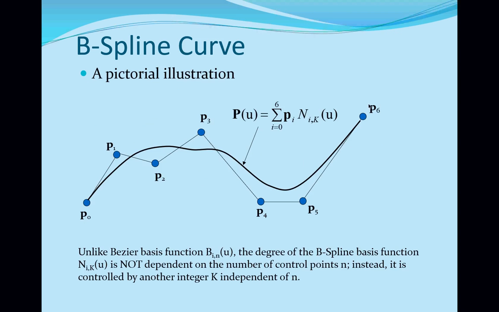So this is the pictorial presentation of my spline curve, and this is the equation of my spline curve. So instead of the Bernstein polynomial, some other polynomial has appeared. What I see here is that if I change P2, let us say the curve is going through P0, P1, P3 and P4, and if I change P2, the curve shape change is bound to occur only in this region.